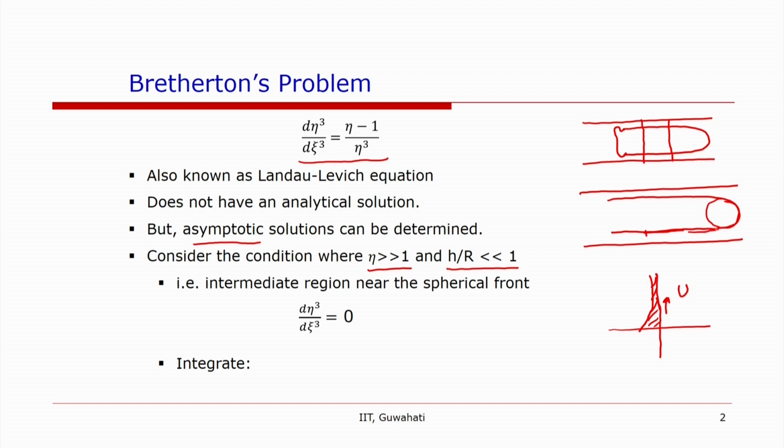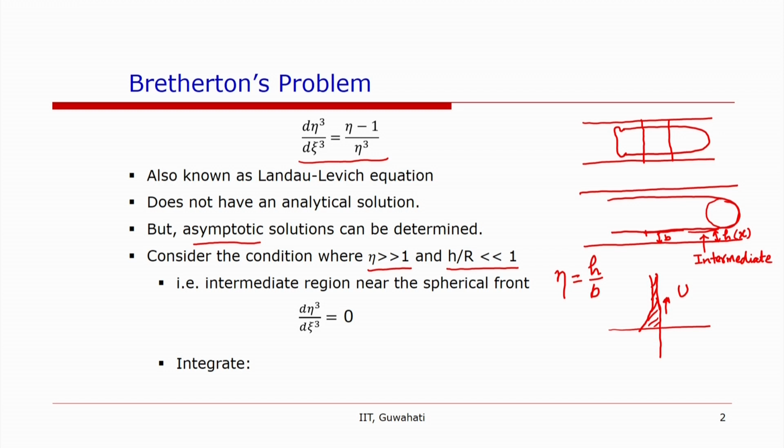In the middle is the intermediate film region, where h is a function of x, and the film thickness in the constant region is b. You might remember that eta is equal to h over b, so it is the film thickness non-dimensionalized by the film thickness in the constant thickness film region.